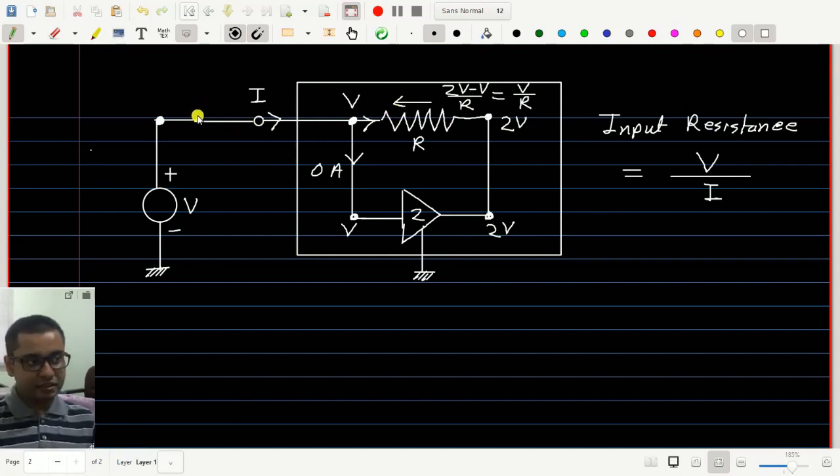Therefore, here I can say I is equal to minus V by R in the direction from left to right.